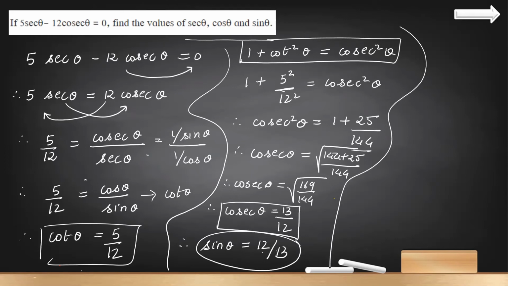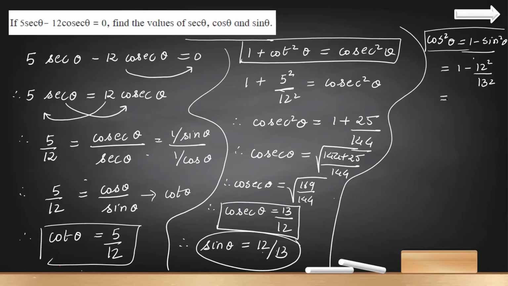Now, as I have sine theta, I can directly find out the value of cos theta, and we know, according to the identity, that cos square theta is equal to 1 minus sine square theta. So let us substitute the value. So this is equal to 1 minus 12 square upon 13 square.